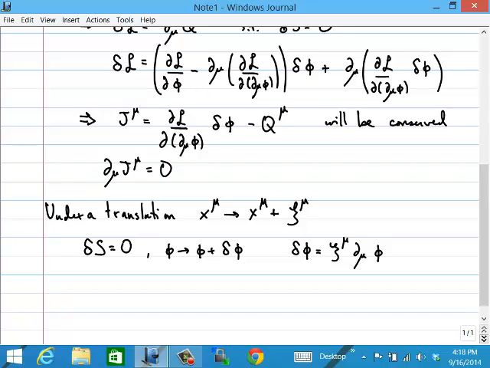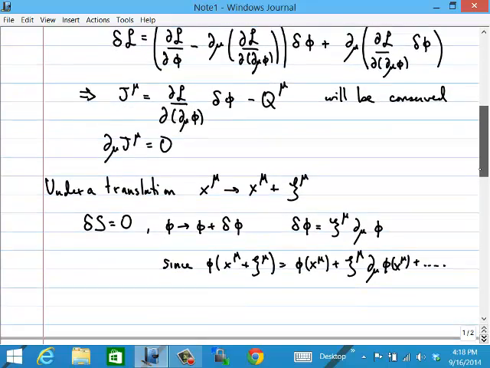That's just the first term in the Taylor expansion, where phi at x mu plus zeta mu is equal to phi at x mu plus the first derivative of phi at x mu plus higher order terms. That's just the four-dimensional Taylor expansion.